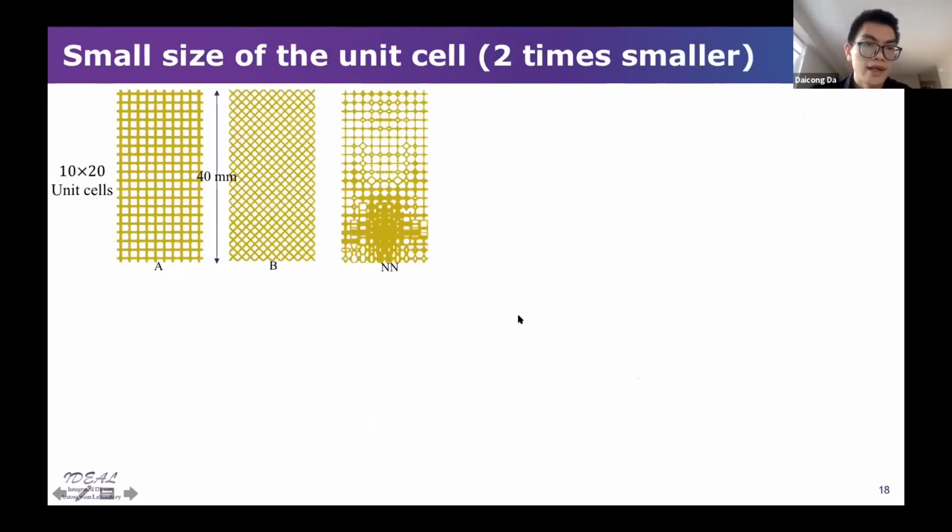Another thing we want to analyze is the size effect. So the dimension of the global structure is the same, but we have more unit cells in the macrostructure. Here it is 10 by 20 rather than 5 by 10, and the geometry is changed here.